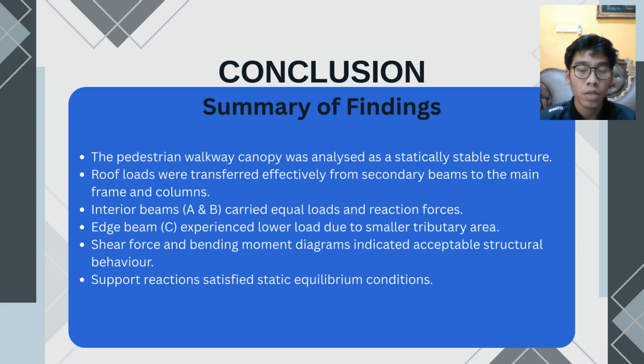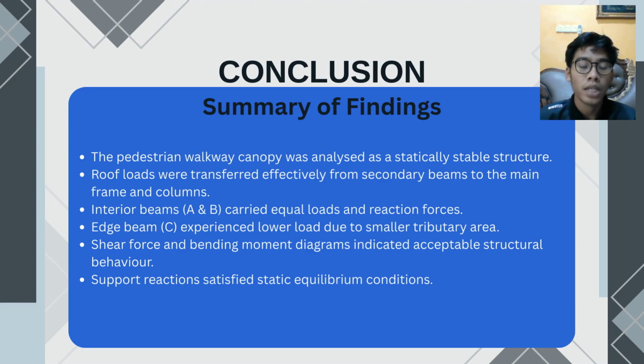So I will present the conclusion. First of all, the summary of findings. The study focused on analyzing a pedestrian walkway canopy using static structural principles. The structure was identified as a statically stable system consisting of a steel frame roof supported by vertical columns. The roof loads were transferred efficiently from the secondary beams to the main frame and then to the ground through the columns.